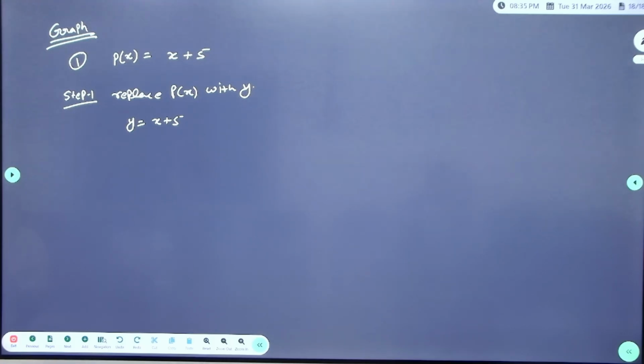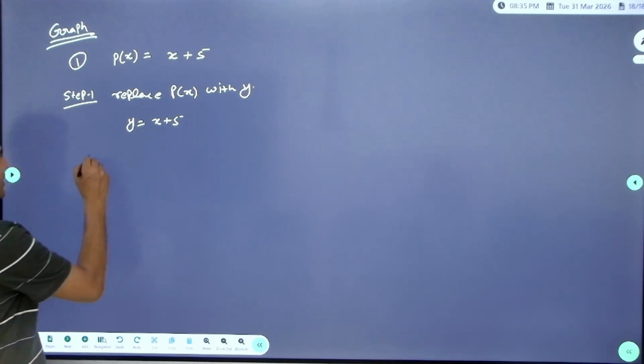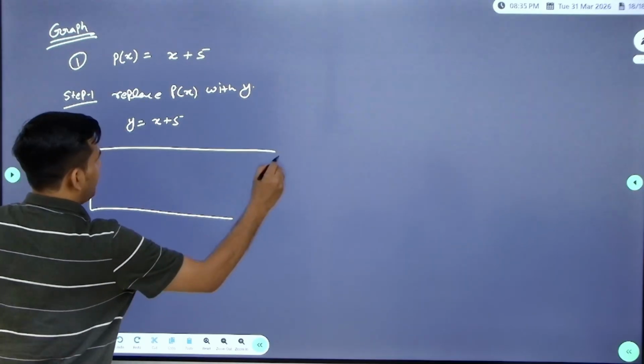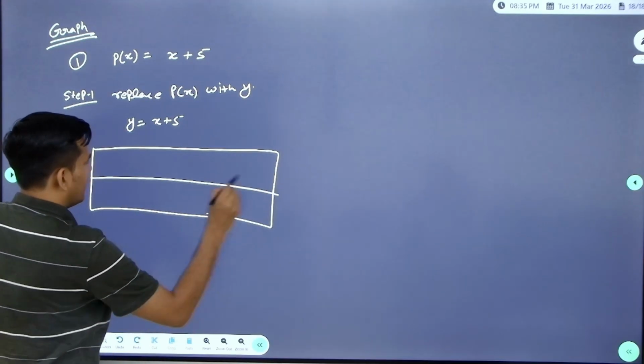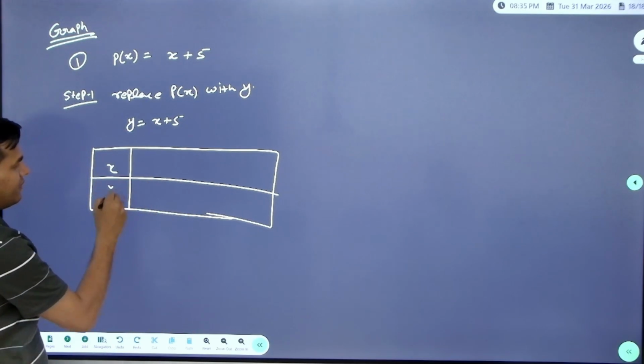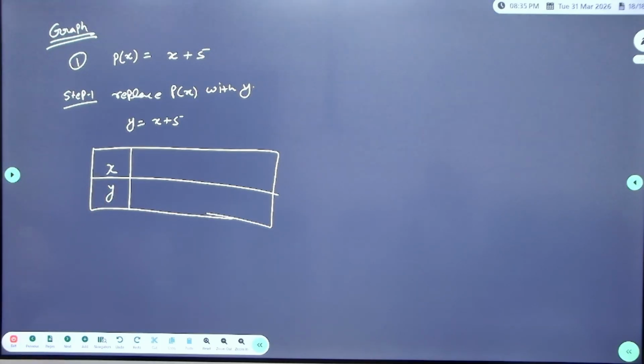We make the table, correct? So make the table for x and y. So put x equal to 0. What is the value of y?